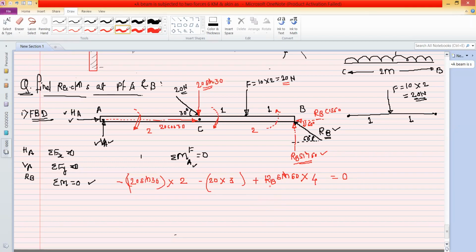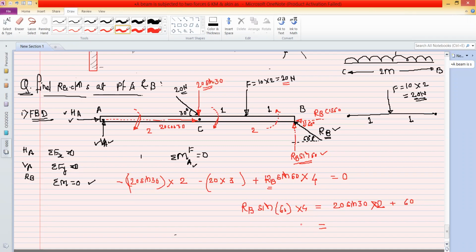So from this we can find out the reaction RB. We can write this equation as RB sine 60 into 4 is equal to 20 sine 30 into 2 plus 20 into 3, that is 60.